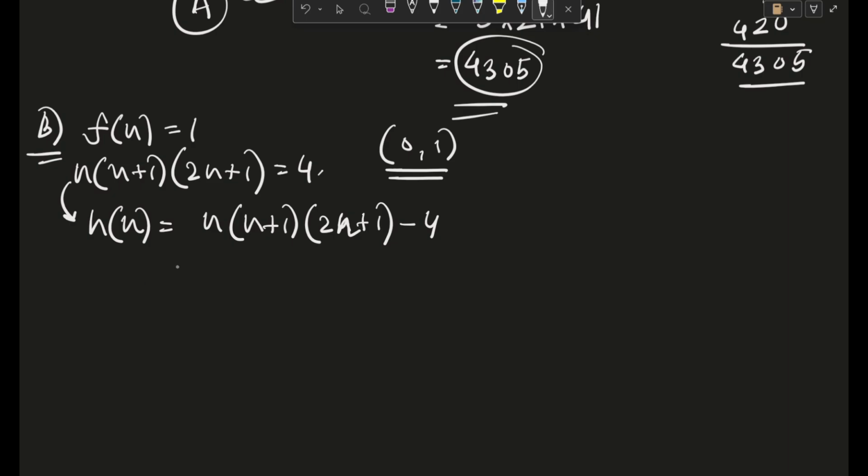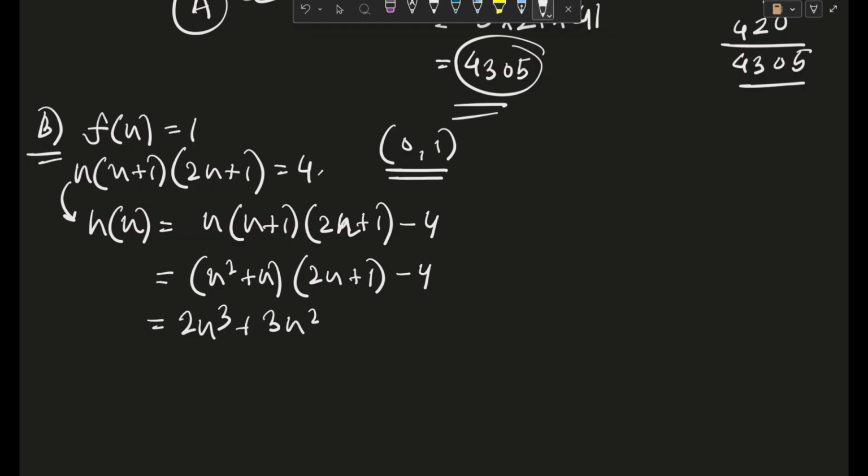It will be very natural, you don't need to actually calculate, but still I will calculate it for you. This is n squared plus n times 2n plus 1 minus 4. So this will be 2n cubed plus n squared plus 2n squared, so plus 3n squared, plus n minus 4.